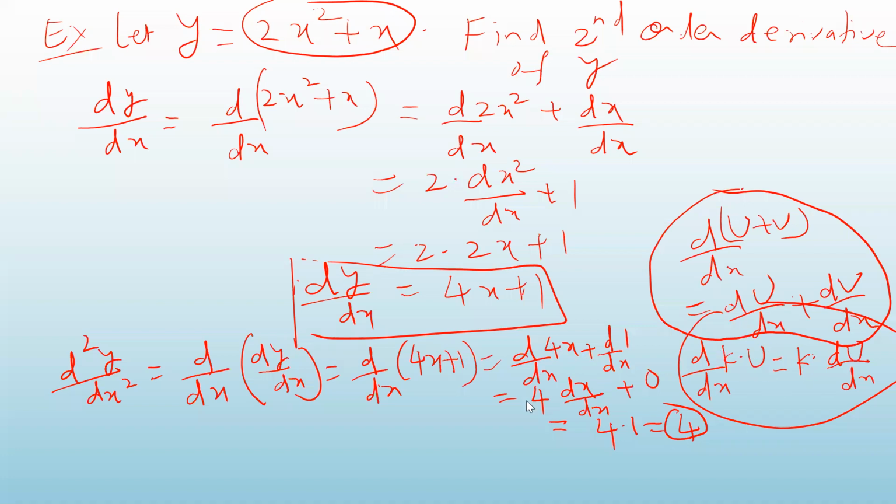So 4 is taken out into the derivative of x, plus the derivative of 1, which is 0. 4 into 1, so the answer is 4. So I have taken some 3-4 problems to explain what is meant by second order derivative and how to calculate it. Now we will see the step-by-step method to calculate the maxima or minima for a function.